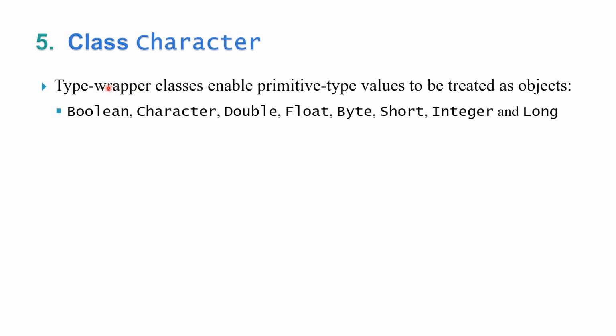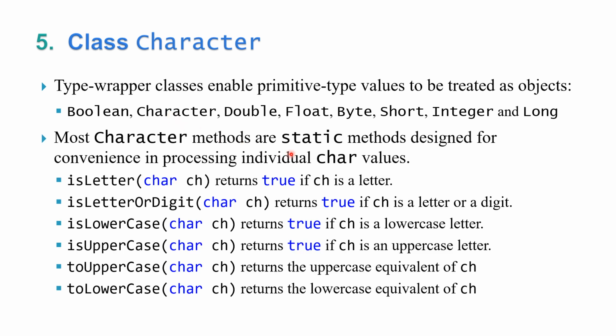These type wrapper classes enable primitive type values to be treated as objects. In particular, class Character enables values of type char to be treated as objects. Most methods in class Character are static methods designed for convenience in processing individual char values.